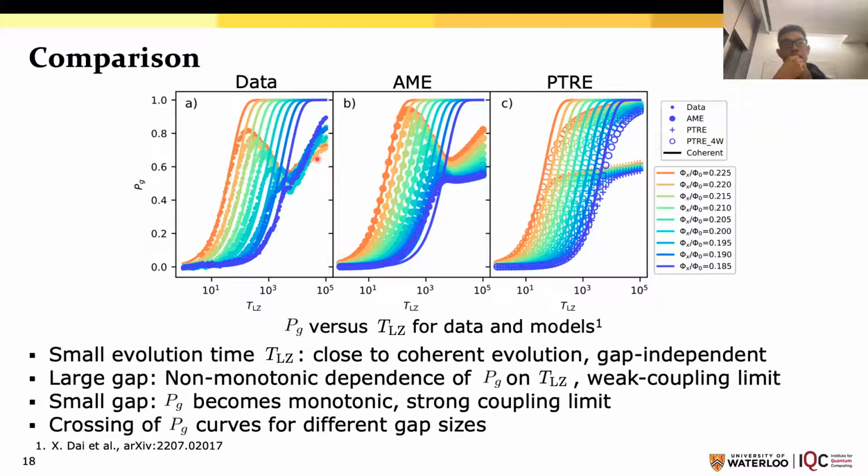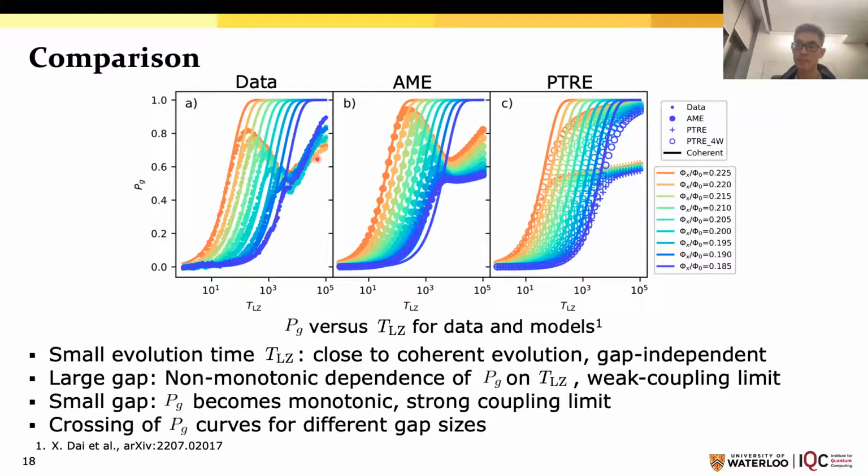And when the gap is large, or rather when the system minimum gap is larger than some parameter of the environment, the system can preserve its energy eigenstate.